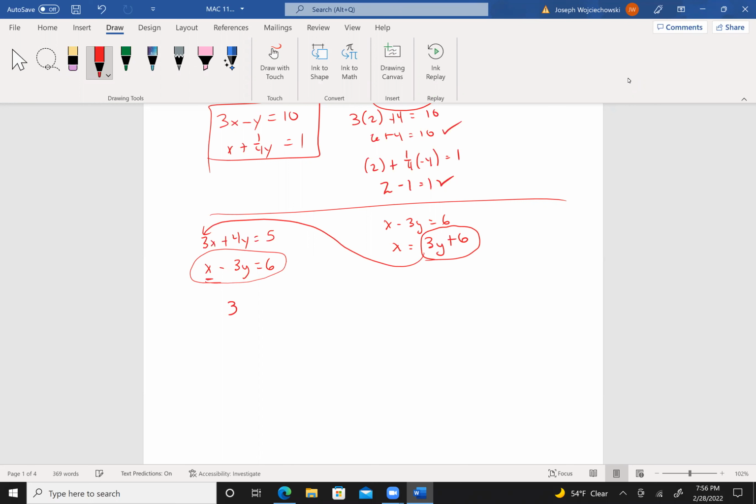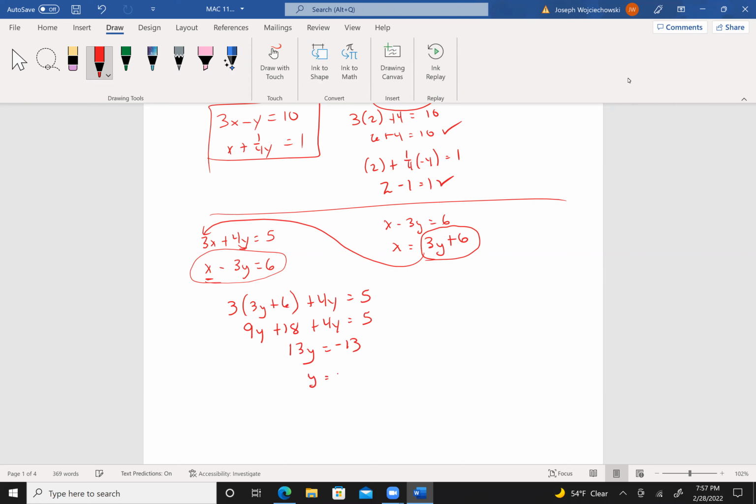So I have 3 times 3y plus 6 plus 4y equals 5. Don't forget to bring down the 4y. So distribute this 3 here, and I have 9y plus 18 plus 4y equals 5. Combine the like terms, I have 13y, subtract 18 from both sides, and I have -13.